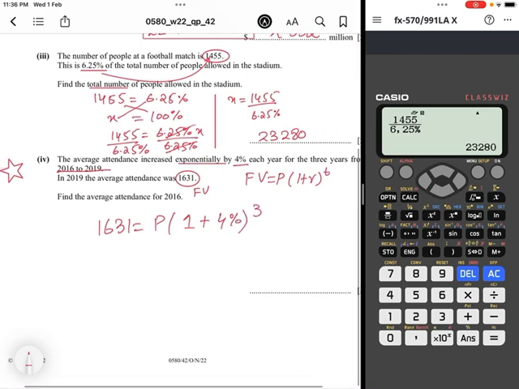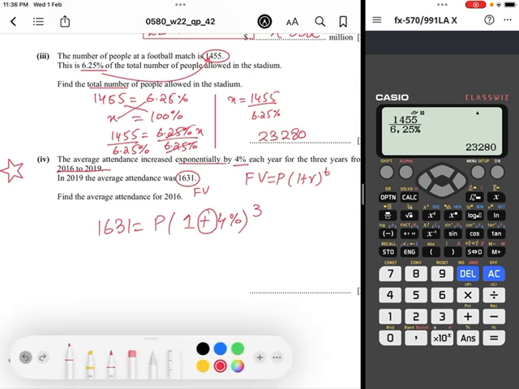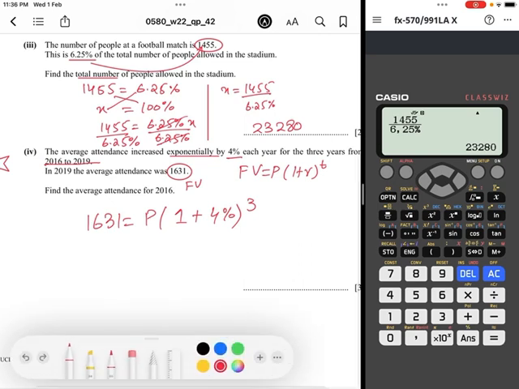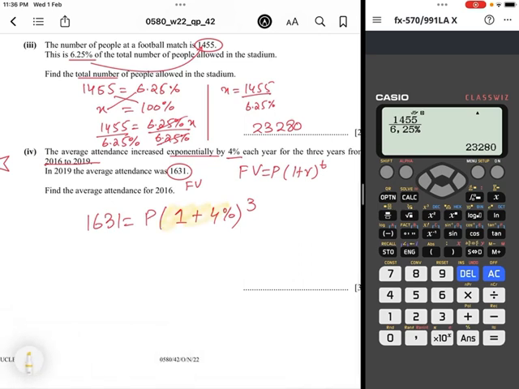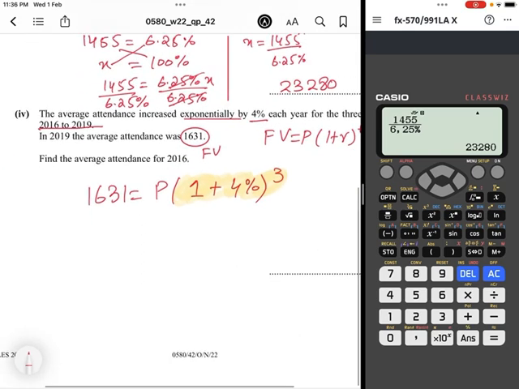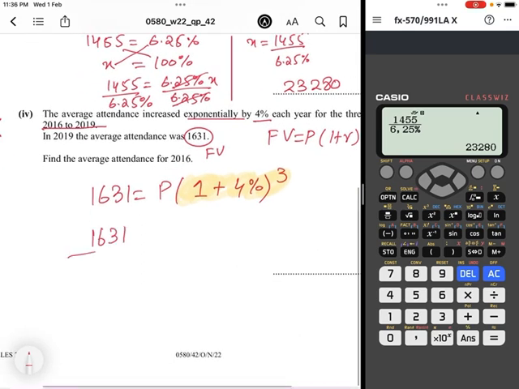If it was exponential decrease, I would have changed this plus into the minus sign. Now this 1 plus 4% is in multiplication. Remove this and take it to the left hand side by taking it to the denominator by dividing. So 1631 divided by 1 plus 4% whole power 3 is equal to P.